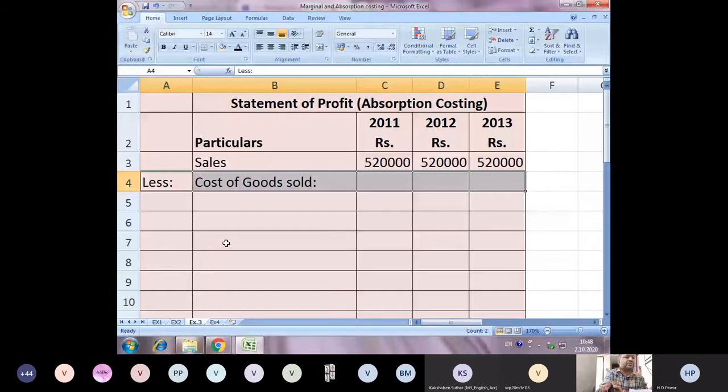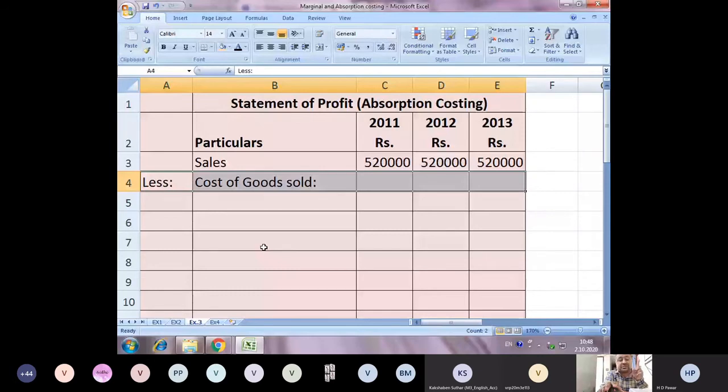So what is the variable cost per unit? The variable cost per unit is not directly given in the example. A company produces and sells its product at 5.20 rupees per unit, and production cost as under: annual fixed cost is 2,25,000. Marginal cost per unit is 1.25. It is given.